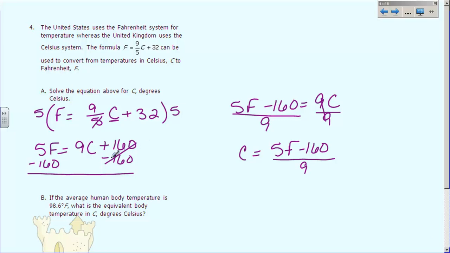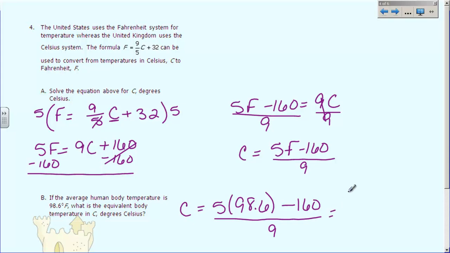So then it asks, if the average human body temperature is 98.6 degrees Fahrenheit, what's the equivalent in Celsius? Well, since I've already solved for Celsius, I'm going to use that equation. 5 times 98.6, because that's the number they gave us for Fahrenheit, minus 160 divided by 9. So I take 98.6 times 5. It's going to be 493. So I have 493 minus 160 divided by 9.